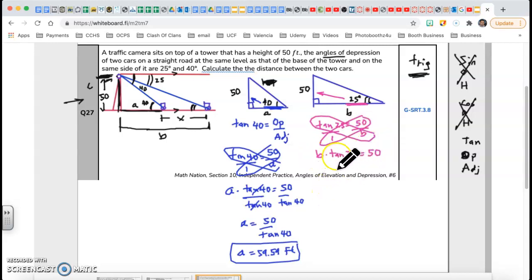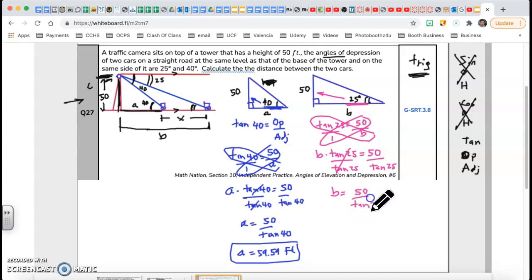I need to leave the B by itself. Divide by tangent of 25 on both sides. That's why we need to know how to work with equations. Tangent 25 cancels out, and I have B equals 50 divided by tangent of 25.